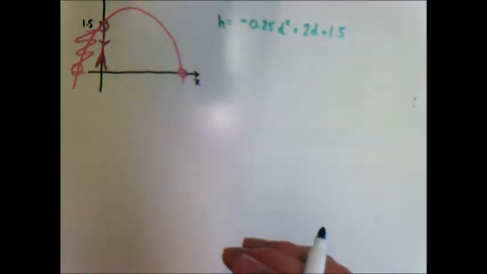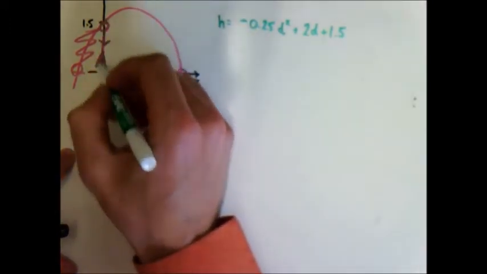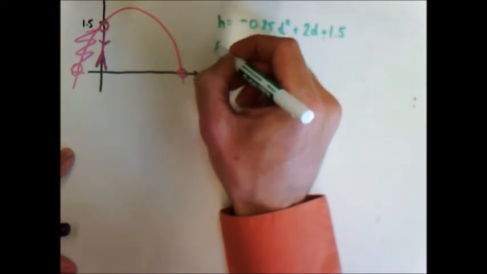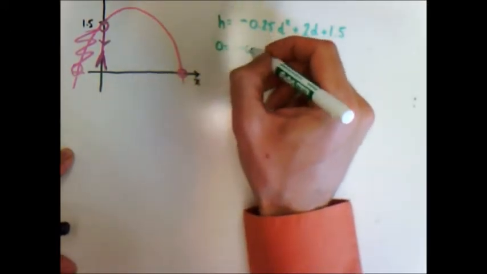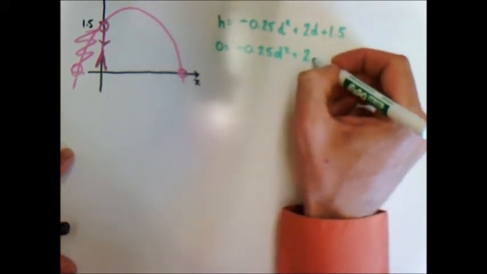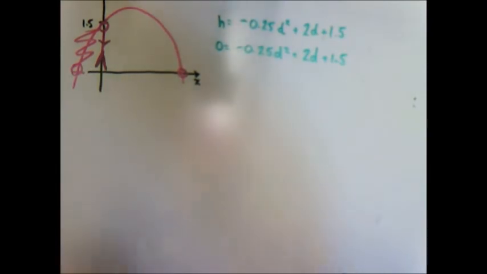Well, if the ball is going to hit the ground at our x-intercept, that's when the height is 0. So all I need to do is set h equal to 0, rewrite the right side of the equation without changing anything, and then solve.